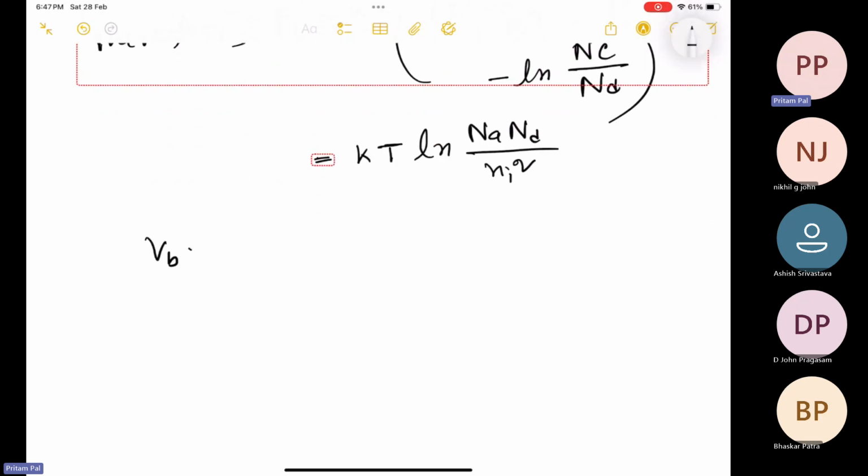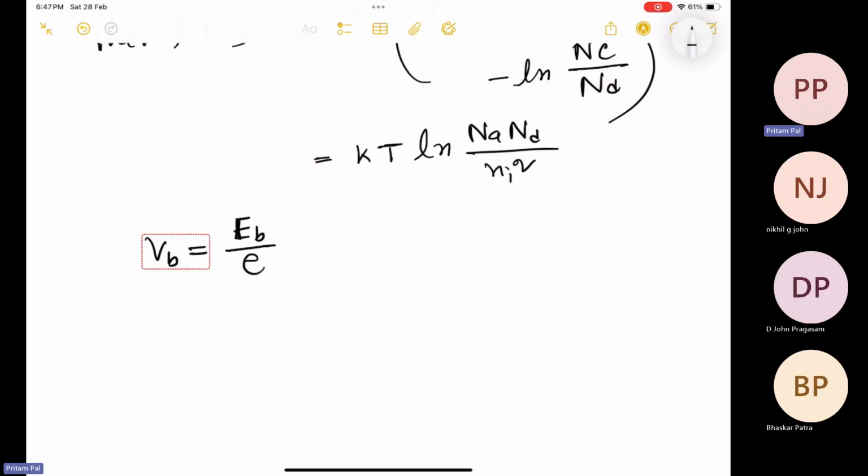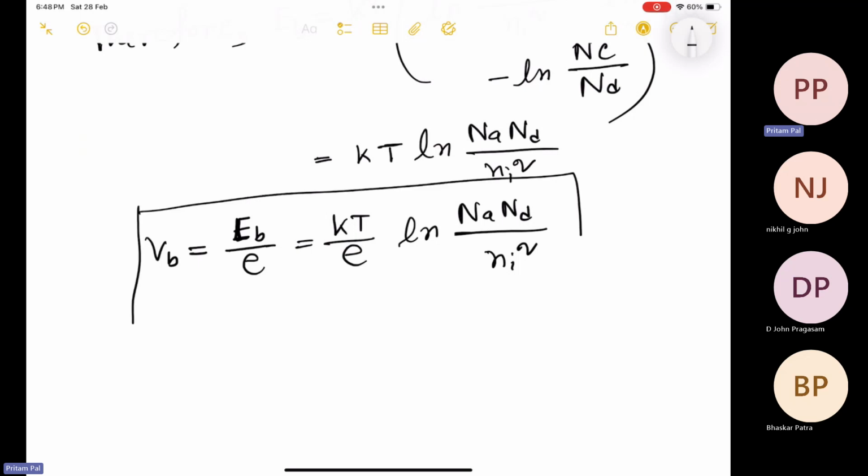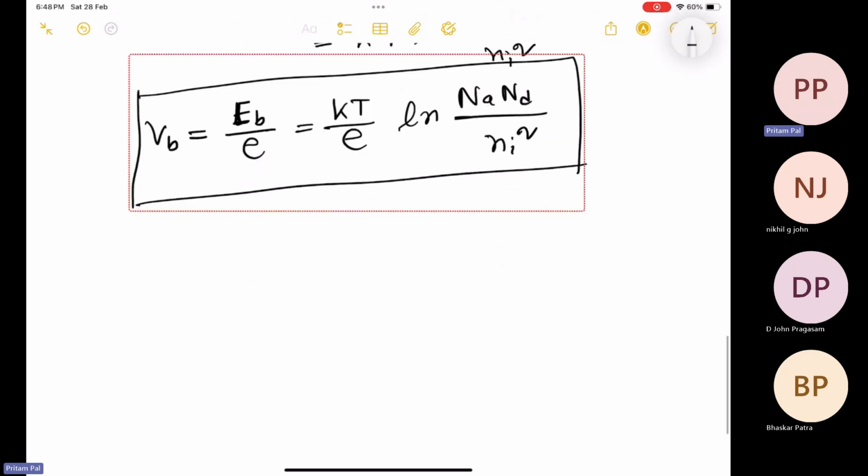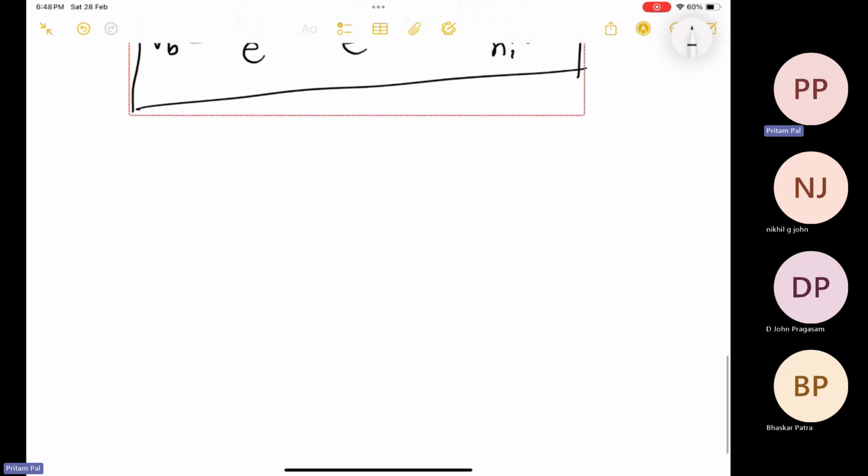So the built-in potential will become EB by E. Another expression I also use is the width of the depletion region.